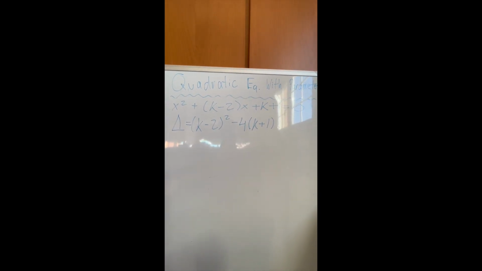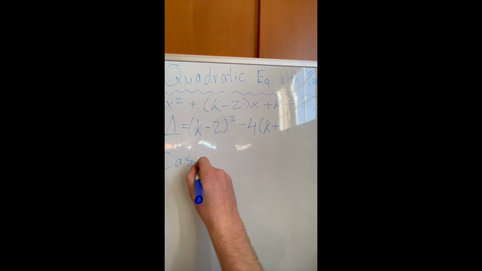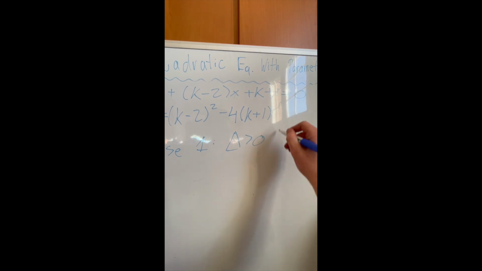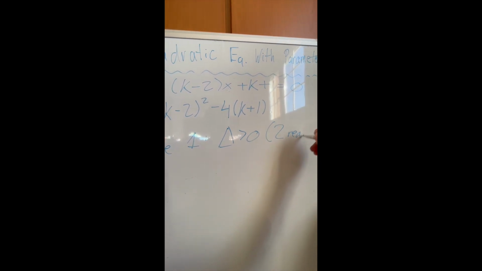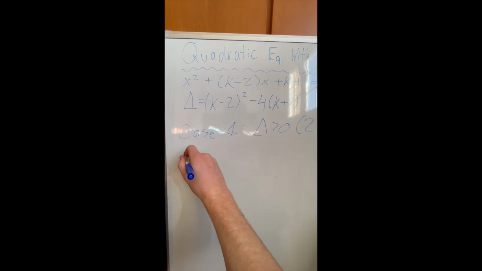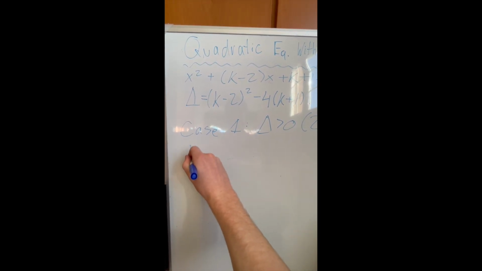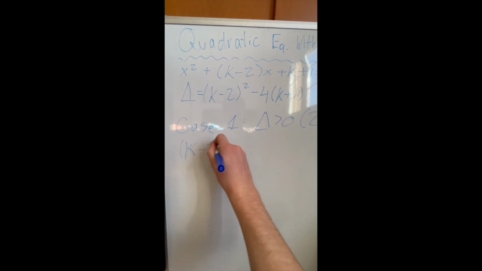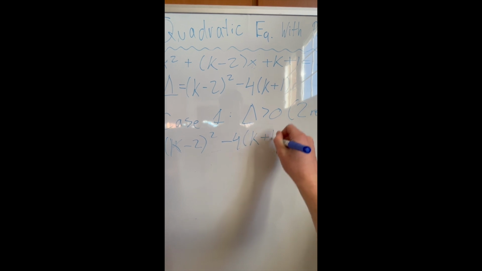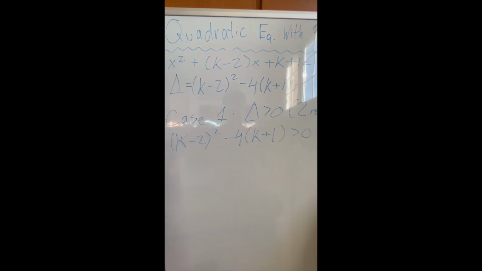Let's start with our first case. Case 1, discriminant is bigger than 0, 2 real solutions. Let's say (k minus 2) squared minus 4 times (k plus 1) is bigger than 0.